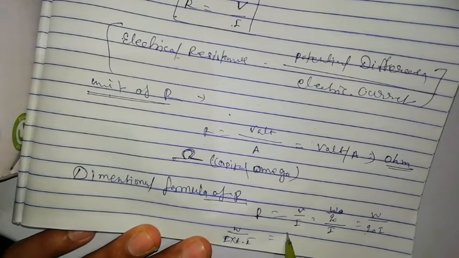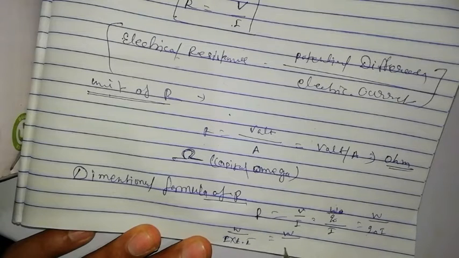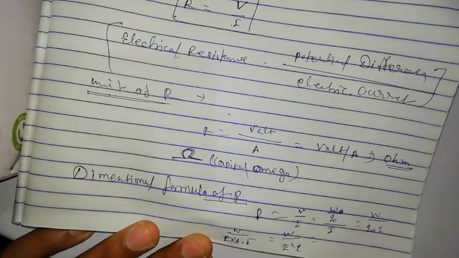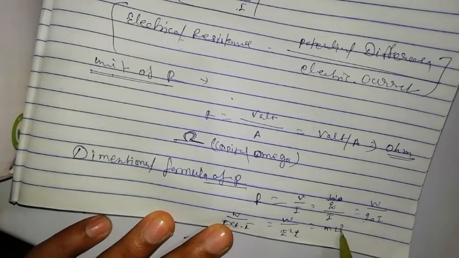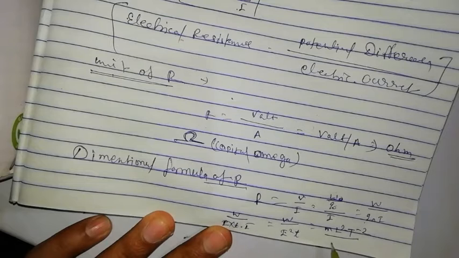So we can write W is the work and I square T, where I is the current. The dimensional formula of work is M L2 T minus 2, upon I square, that is ampere square, and T is time.